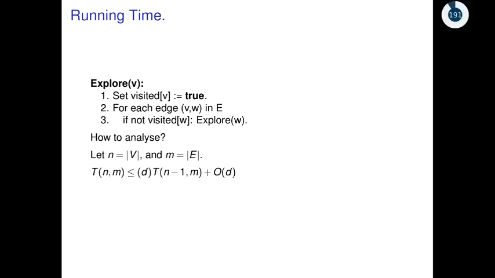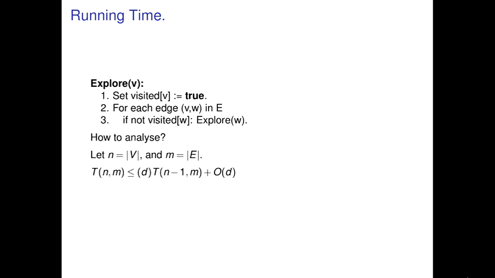Okay, so there's actually two parameters here, n and the number of edges. So in some sense it's d times T of n minus 1, because this loop here goes over all its neighbors, times a recursive call to this W, plus order d, because you look at every edge.